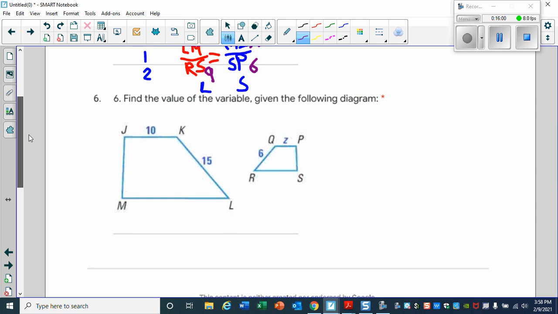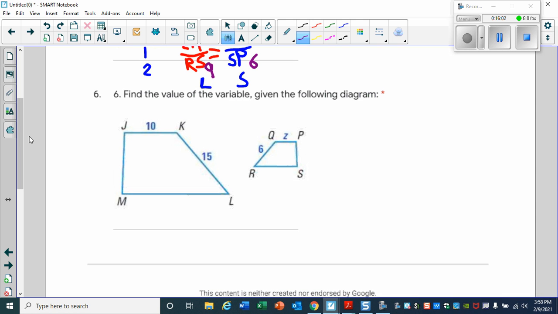And then last but not least, number 6. Now here, even though it's a different direction, start from the top, go across. This is J, K, L, M. Now you have to turn this around to make it look more like the other one. So you're kind of going in the opposite direction. You're first heading towards the slant from the top.